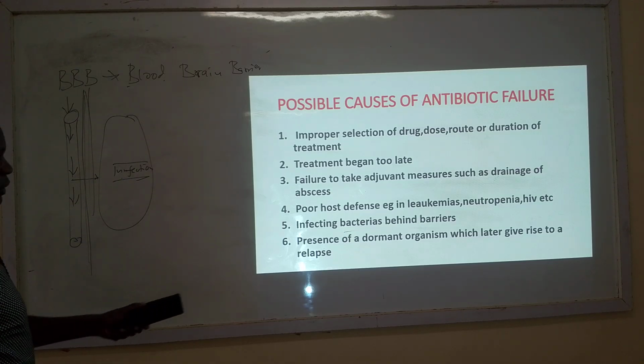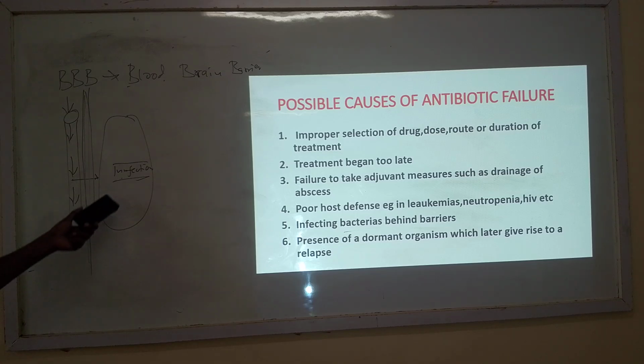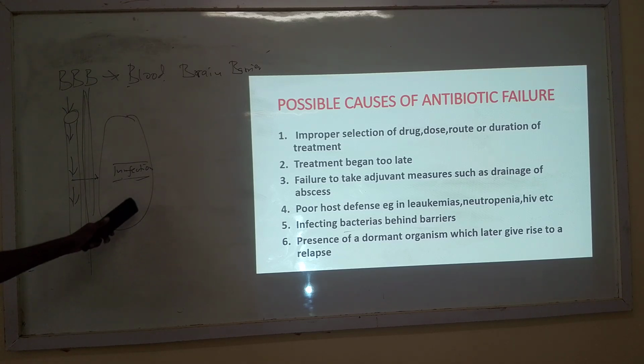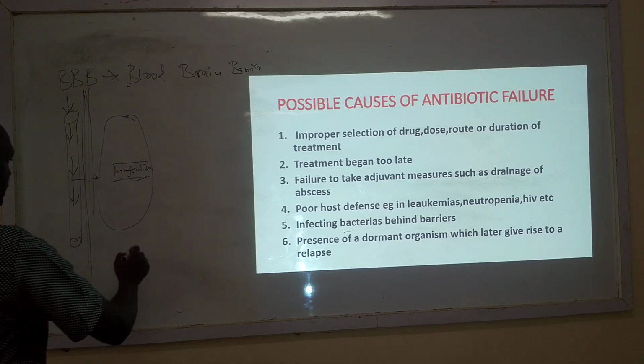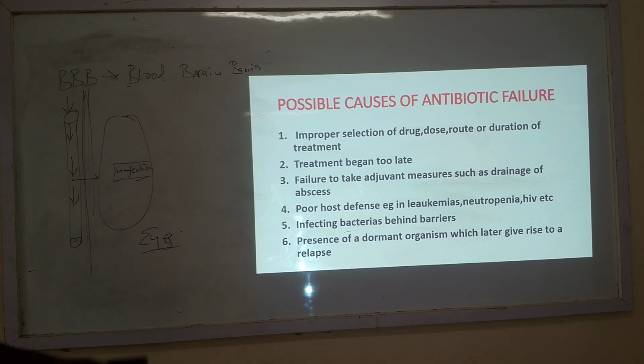That's why we're saying when the infection is behind a barrier, our antibiotic may not get there. Another example of structures that have barriers is the eye. The same thing, we also have barriers in the eye, which can do the same thing.